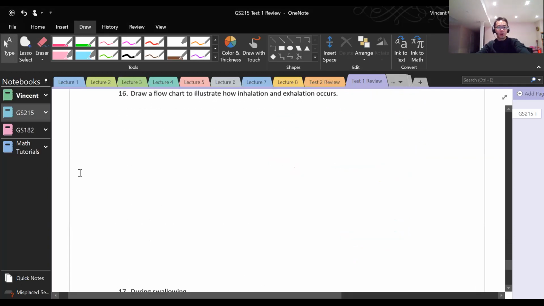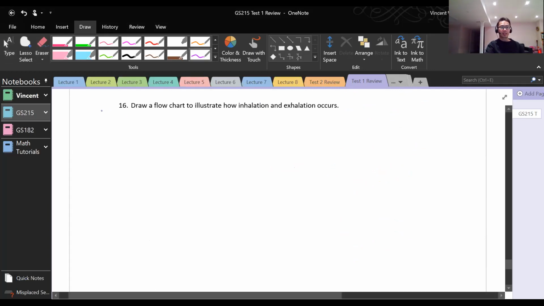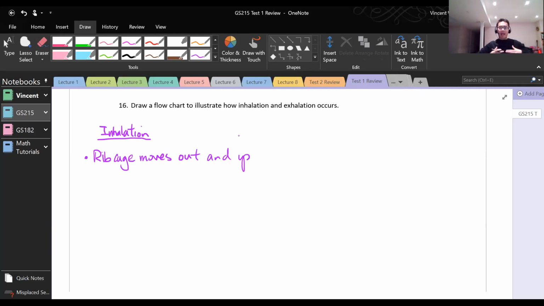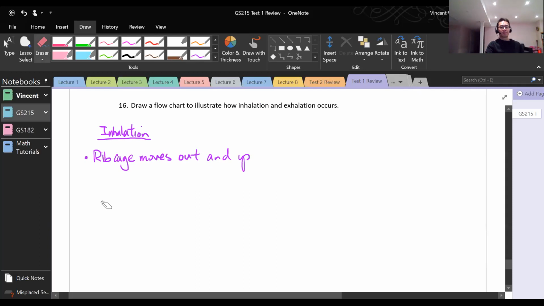Next, draw a flow chart to illustrate how inhalation and exhalation occurs. Okay, we kind of did this last week, but let me just do a quick one here for you. Inhalation. So in order for inhalation to occur, your rib cage moves out and up. This is facilitated by your intercostal muscle, right? The muscle that moves your rib cage, pulls it out and pulls it up, right?